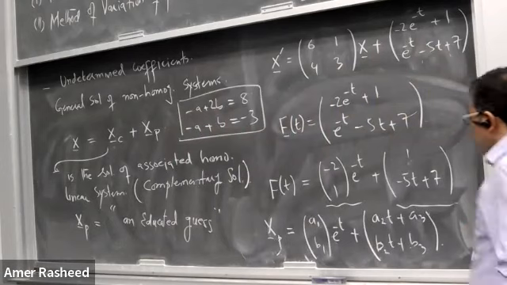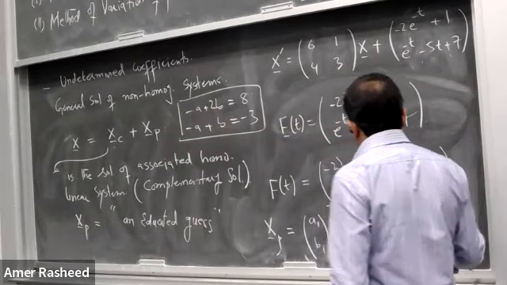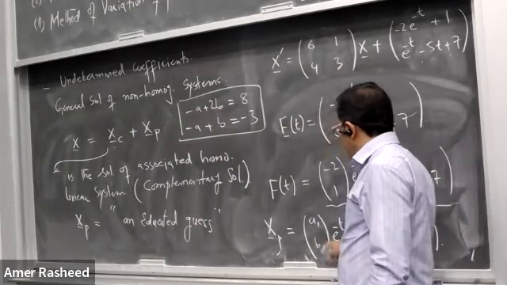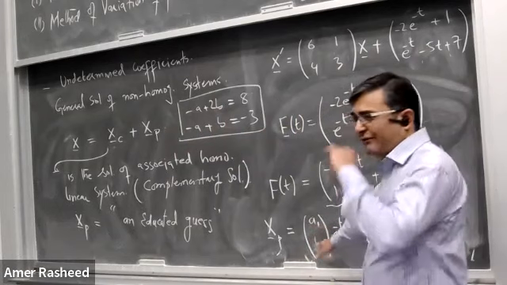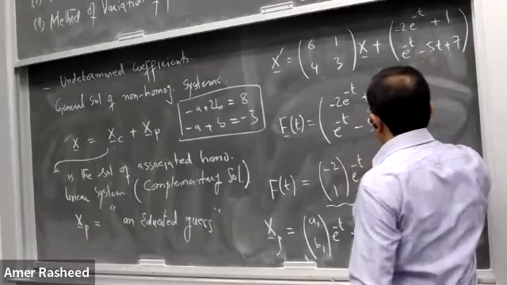I hope you remember we had discussed the principle of superposition for non-homogeneous linear systems. Okay. Or you can say this is your first particular solution. You assume a particular solution only for this. Sorry, you split this function into two functions.